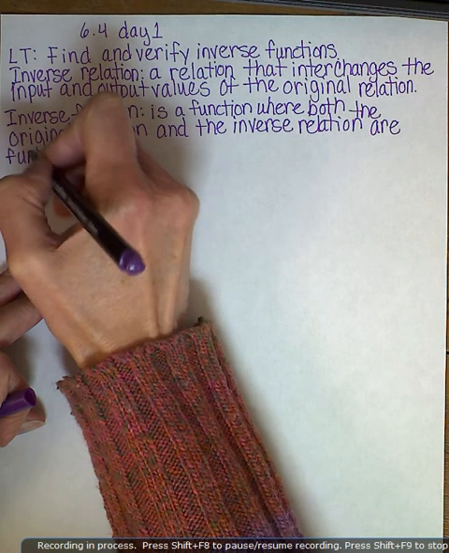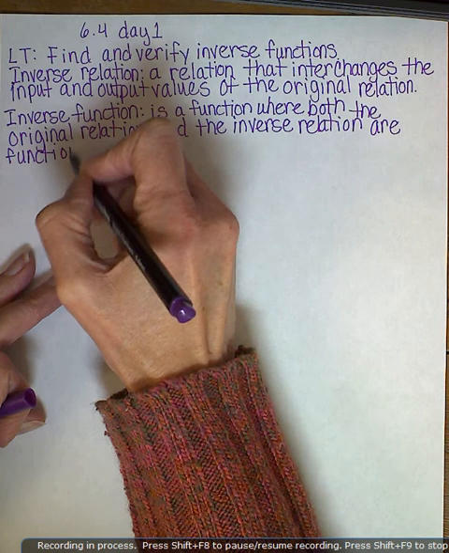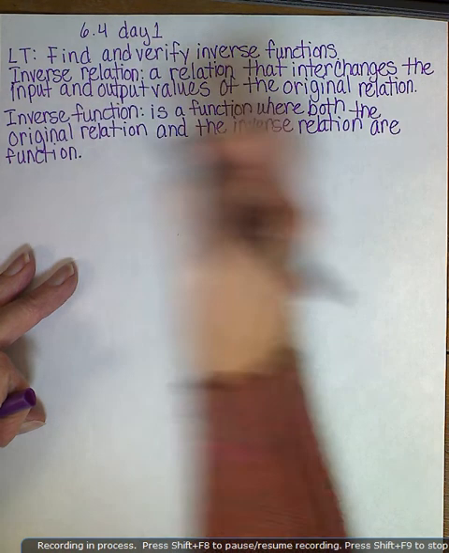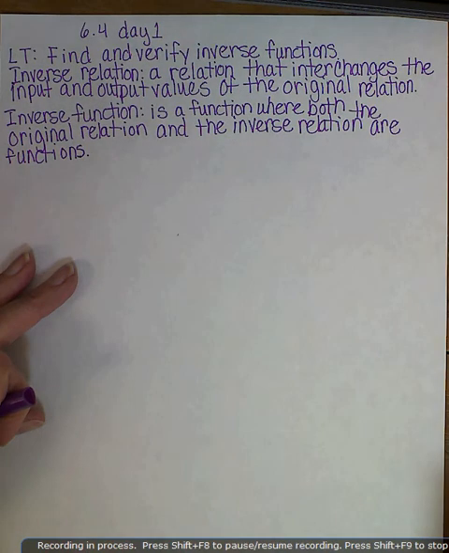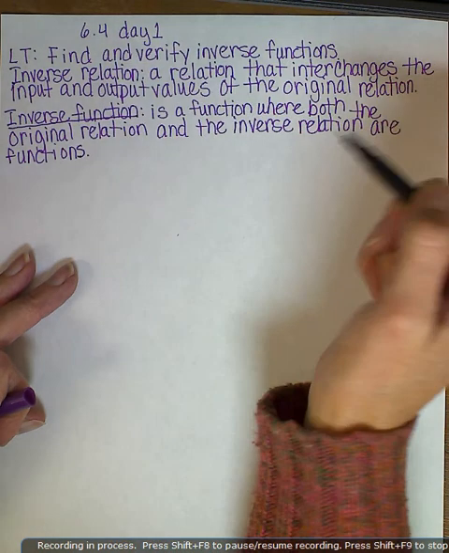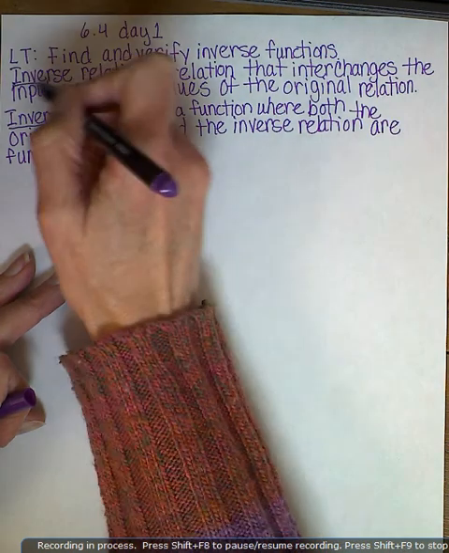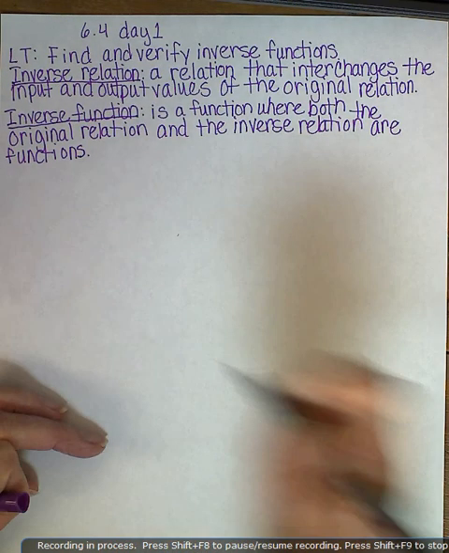We've talked about in earlier chapters what makes a function, and so this should be functions. So sometimes you can have an equation that's actually not a function. So if you have an inverse function, both the original and the inverse are functions. Okay, so this isn't bad at all.